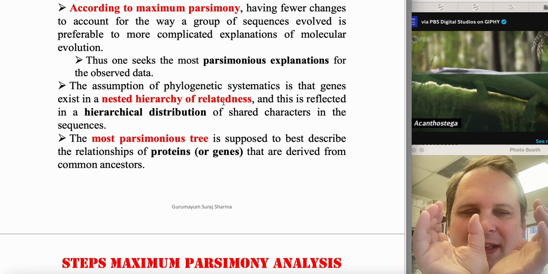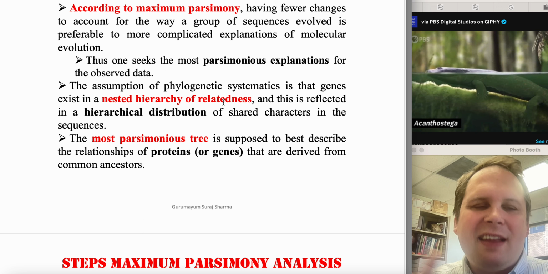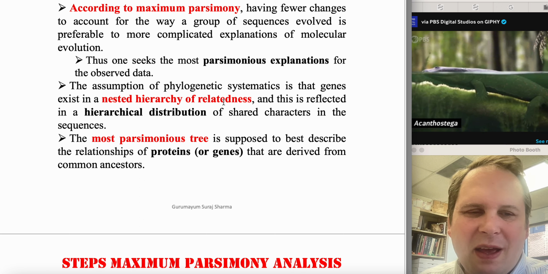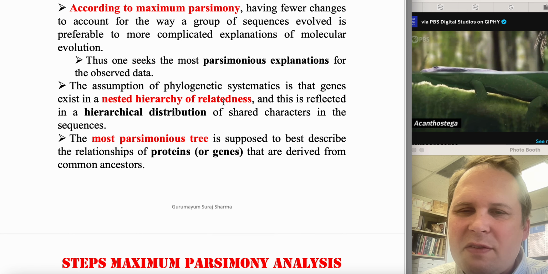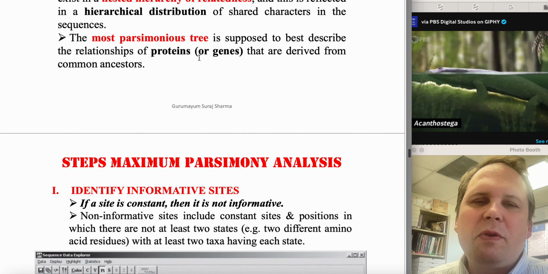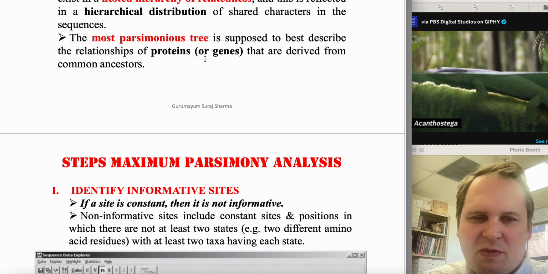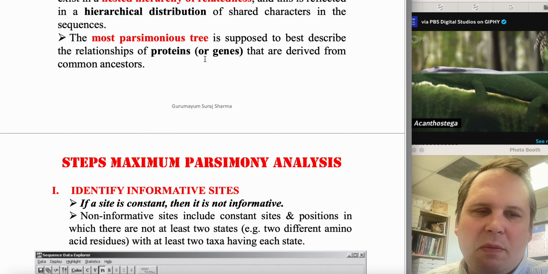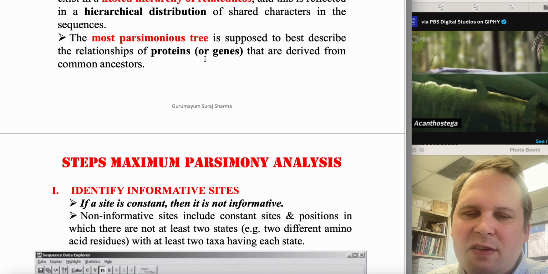And so now they're in a slightly bigger nest together like that, so that they're all inside, the way the other tree looked. And then we're going to say that the most parsimonious group is going to best describe the relations between those genes that were derived from common ancestors. So we have to use this with homologs. We cannot use this with things that are not homologous.